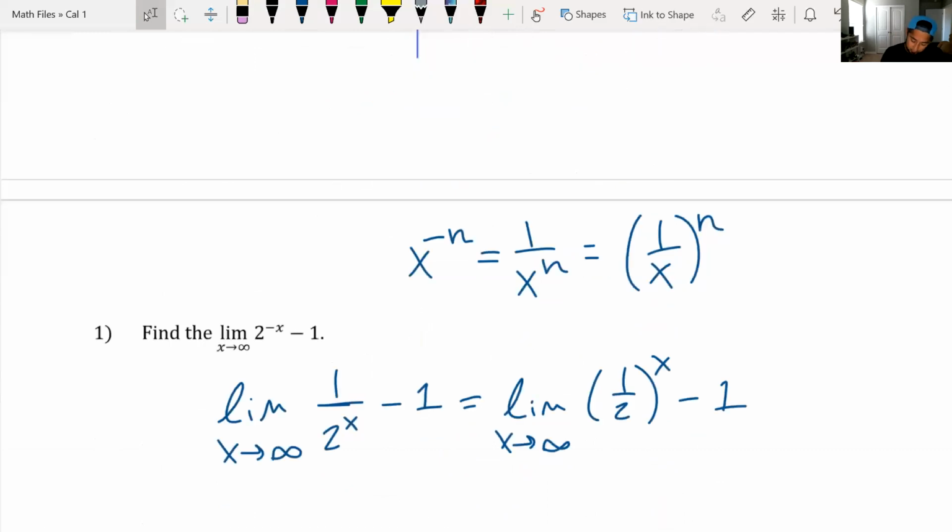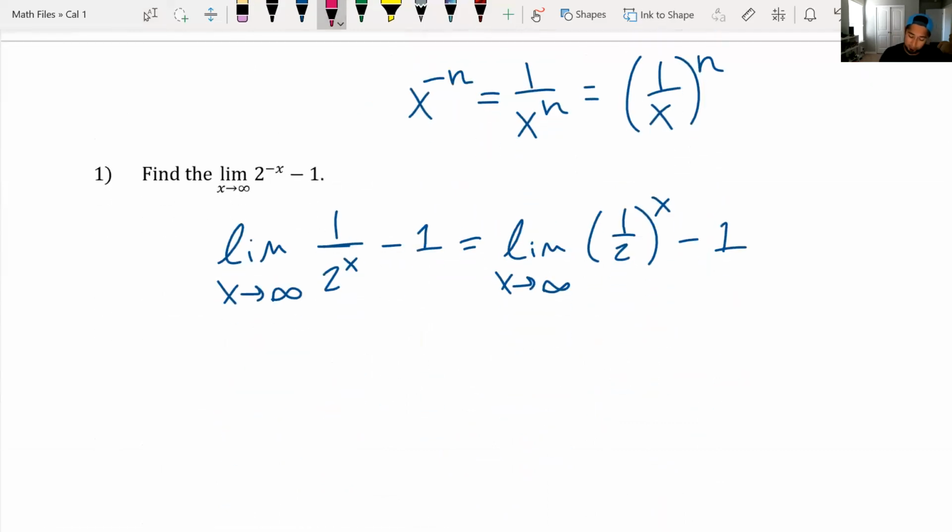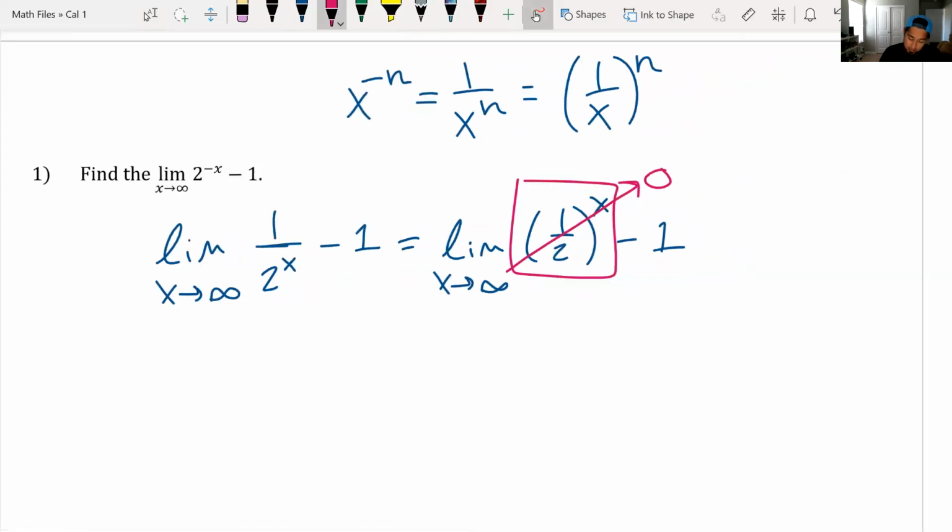So that means that this part of the limit is headed towards 0. So this is going to go to 0, which means all we are left with is 0 minus 1, because the limit of 1, no matter where x goes, is still 1. So our answer is -1.